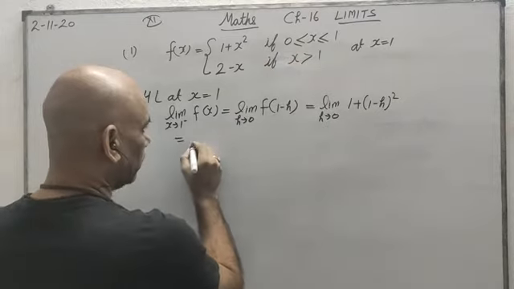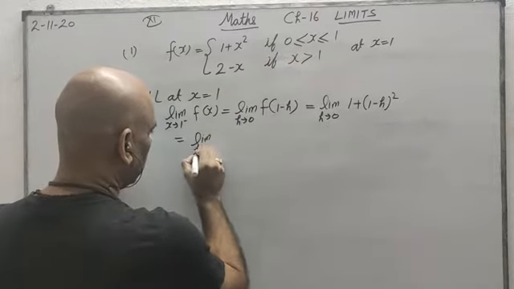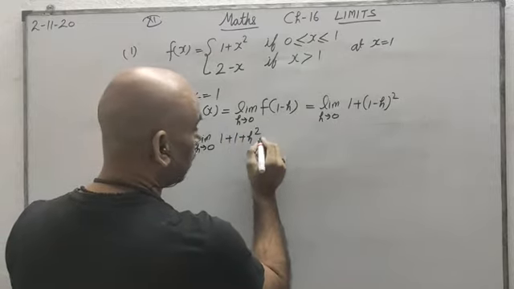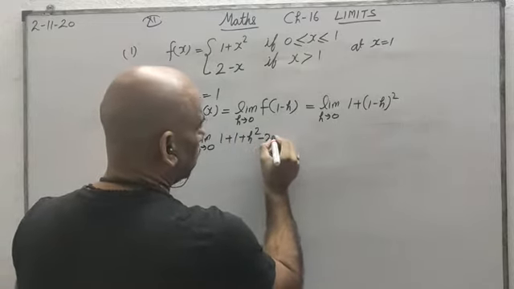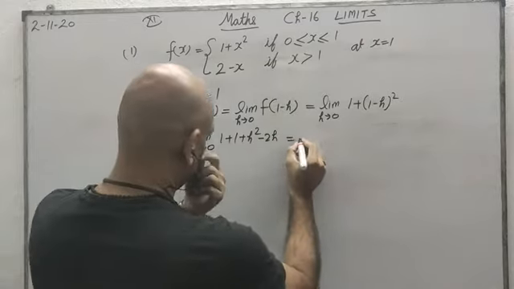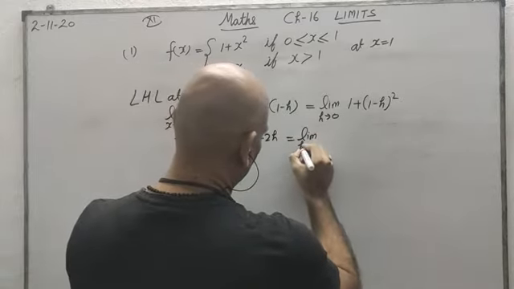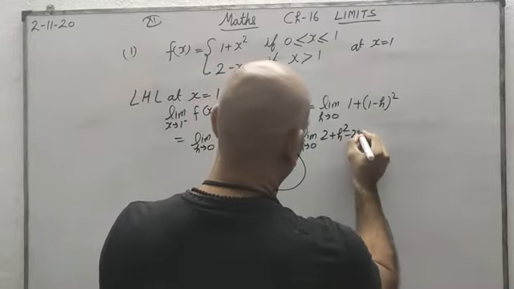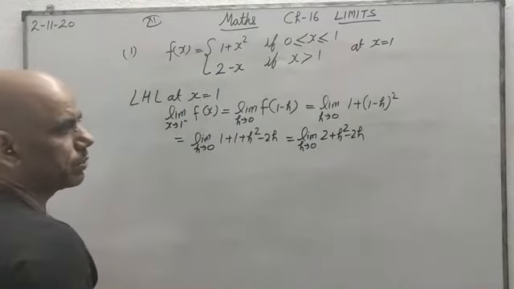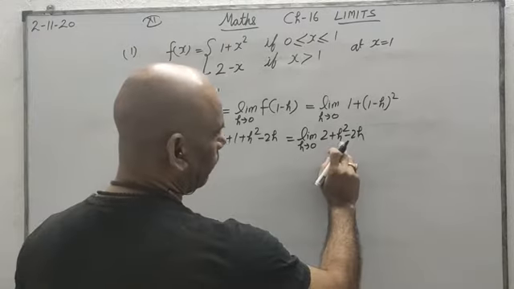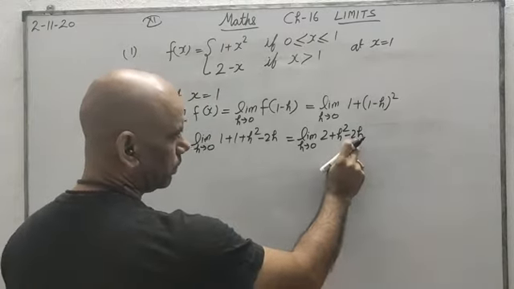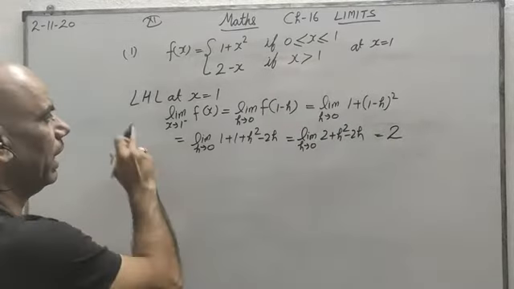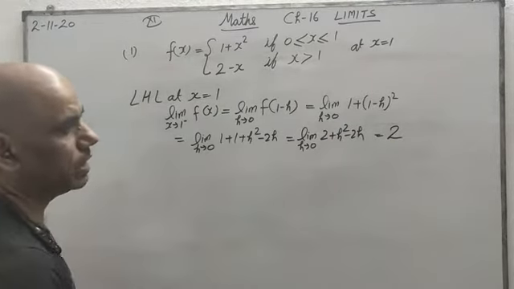What I got? I got limit h tends to 0, 1 plus h square minus 2h. So I got limit h tends to 0, 2 plus h square minus 2h. Now in it, substitute h as 0. So when I put h as 0, this will also become 0, this will also become 0, and the value of the function will be 2. So LHL at x is equal to 1 is 2.